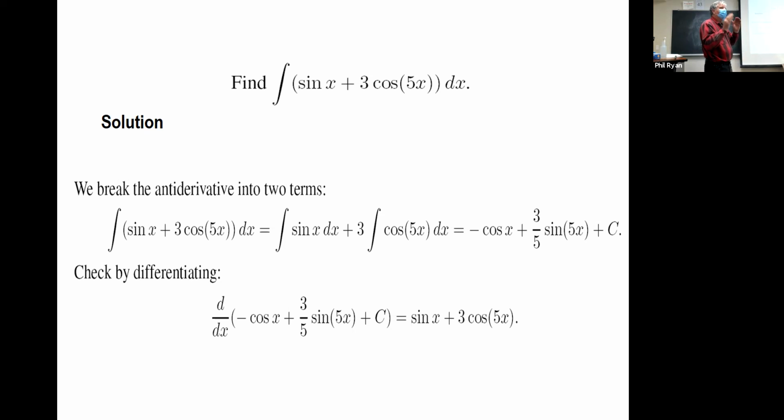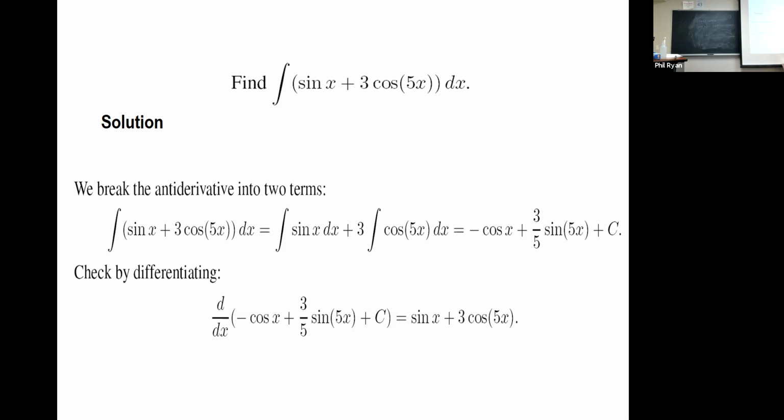And the thing is, you can always double check your answer by differentiating. If you're unsure whether you've done the right thing, just differentiate, right? The derivative of minus cosine is sine. The derivative of 3/5 sine 5x is 5 cosine 5x times 3/5.